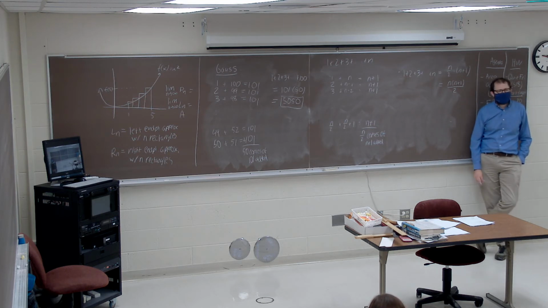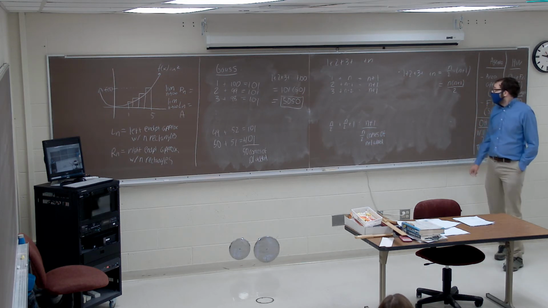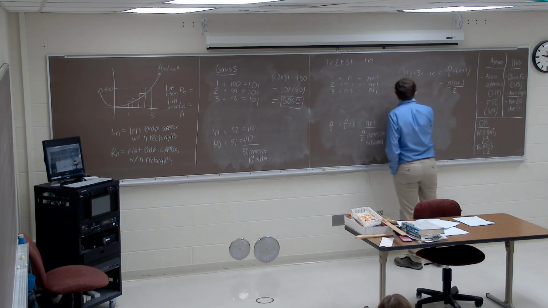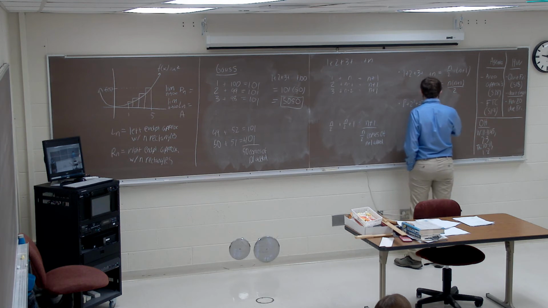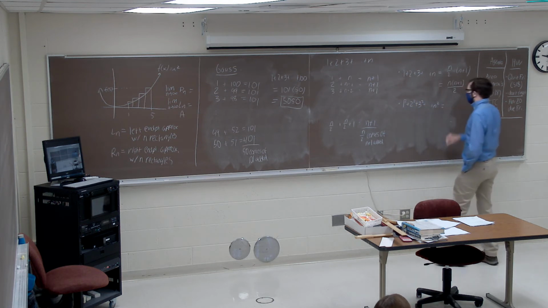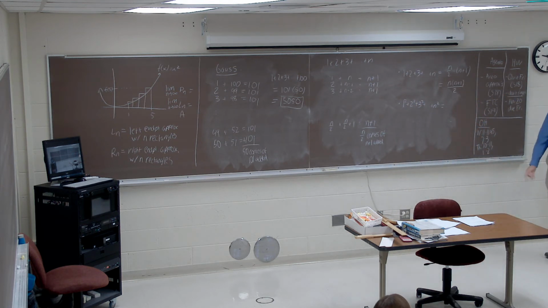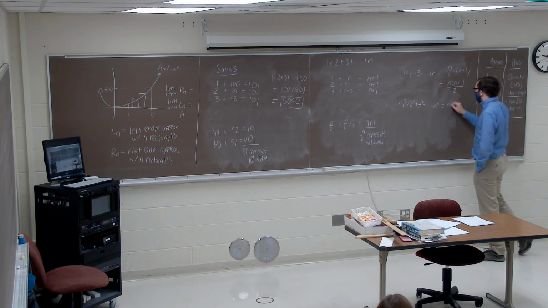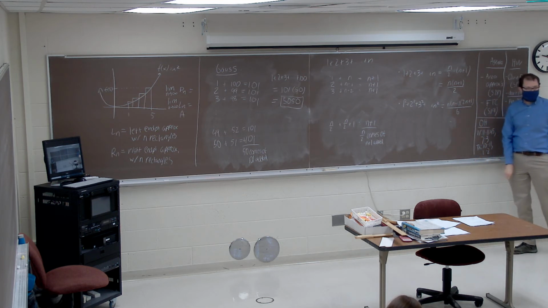Any questions about this formula? So we're actually going to have a couple other nice formulas that work similarly. If you want to add up the squares of every integer from 1 up to some value n, you can do that by taking n times n plus 1 times 2n plus 1 all over 6.